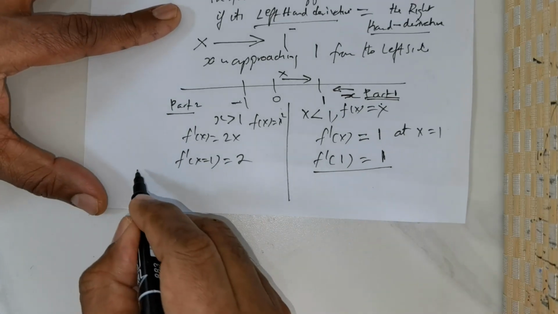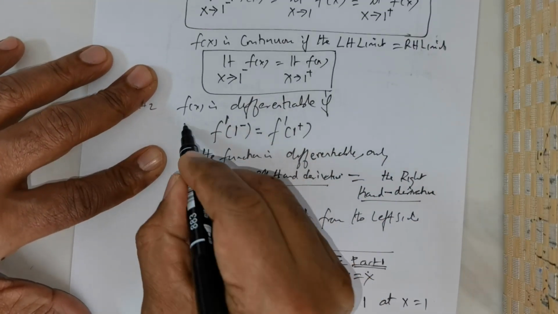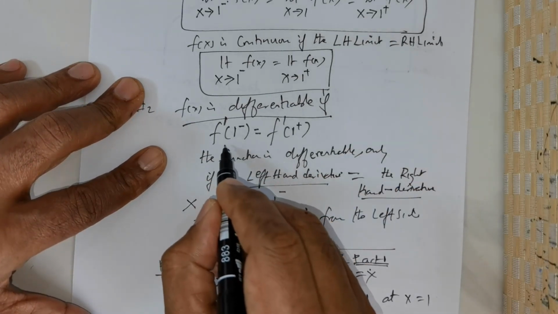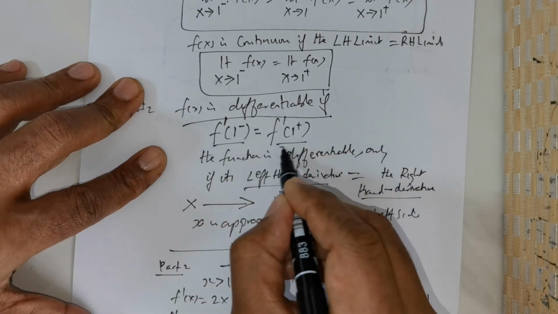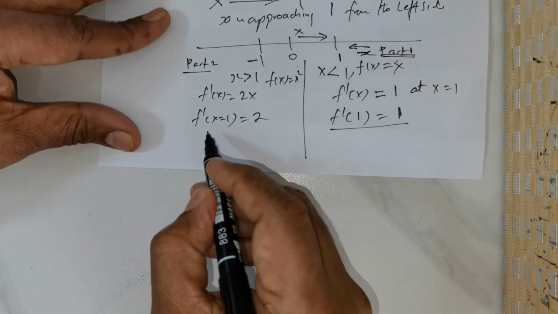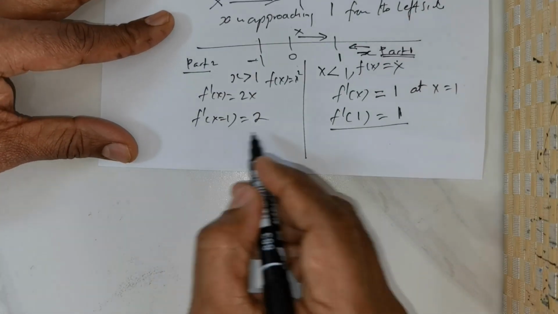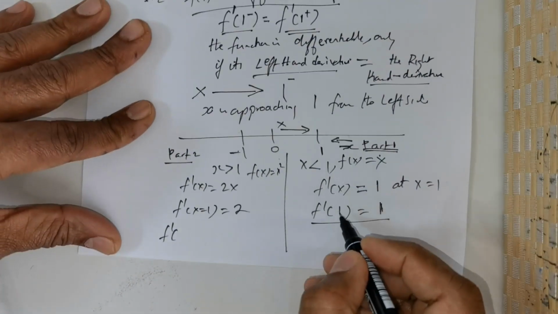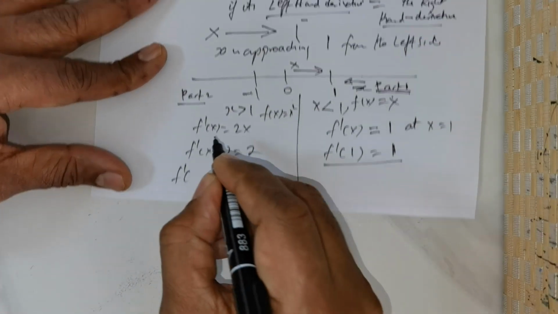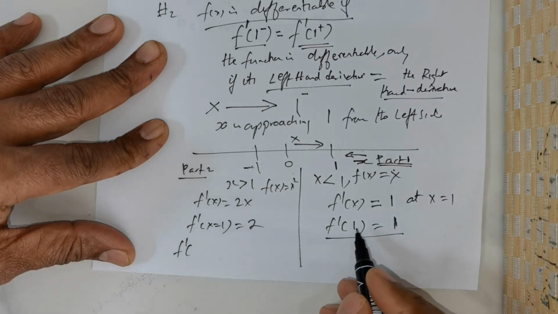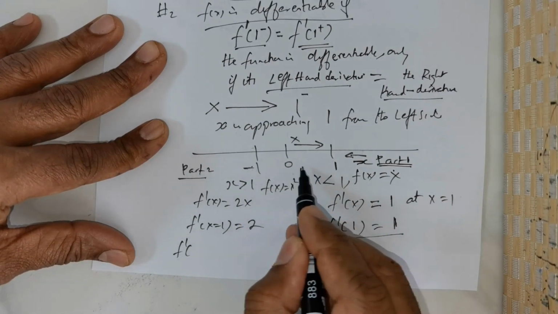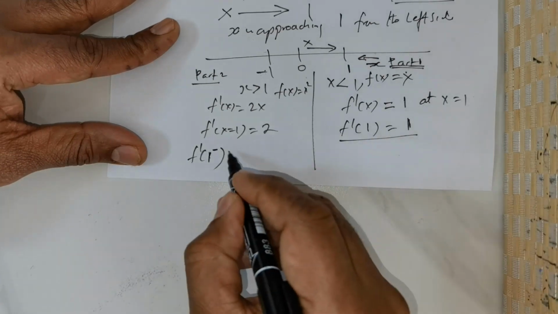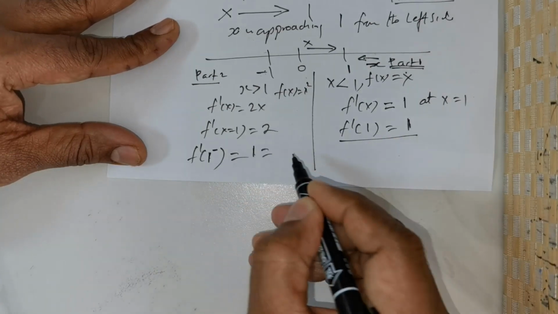Now for a function to be differentiable, f of x is differentiable if the left hand derivative is equal to the right hand derivative. Now check here. What is the left hand derivative? f dash of 1 minus, this is actually x moving towards 1 from the left hand. What is it equal to? 1.